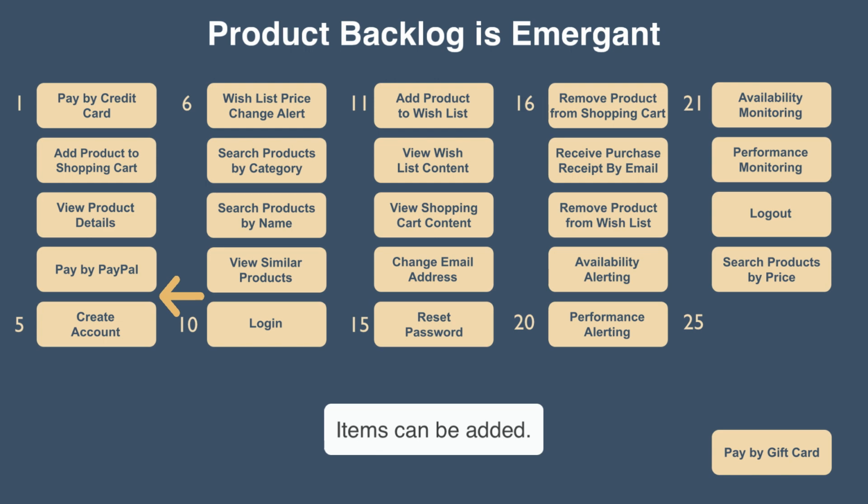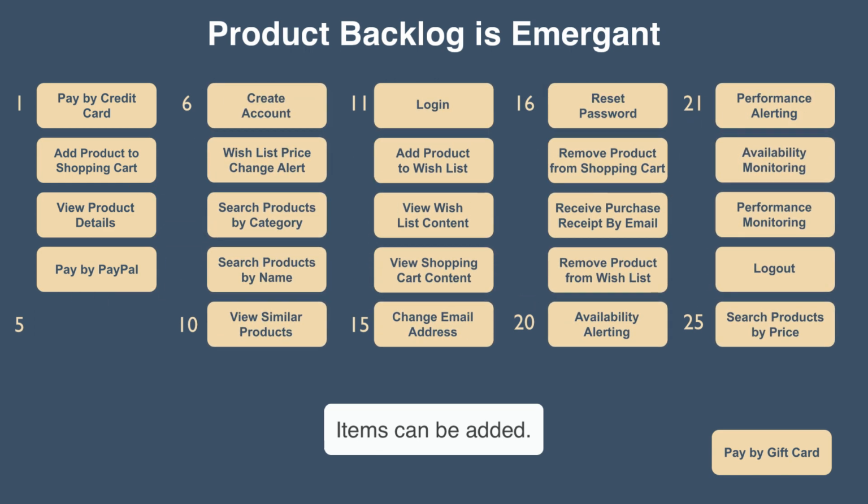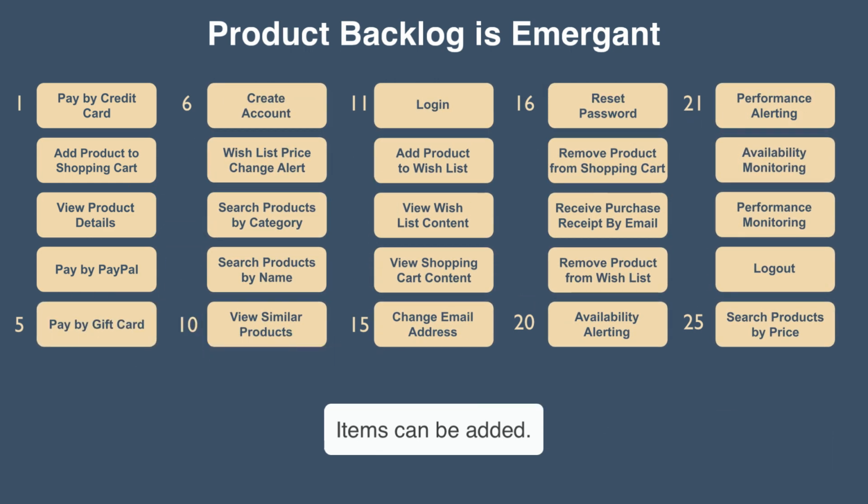In that case, pay by gift card should be added to the product backlog right between those two items. Because the product backlog is emergent, these kinds of changes are possible, and the most important items will be completed before less important ones.